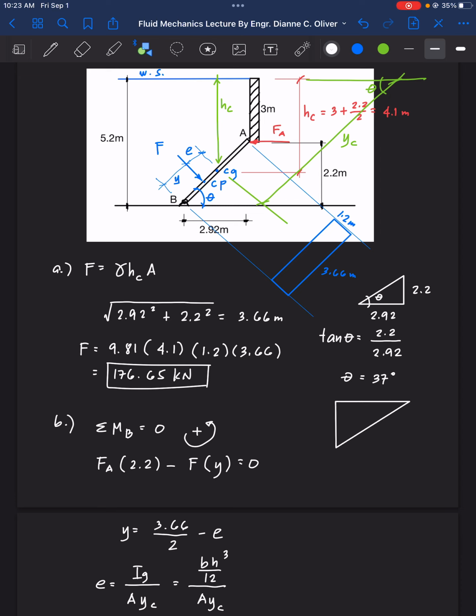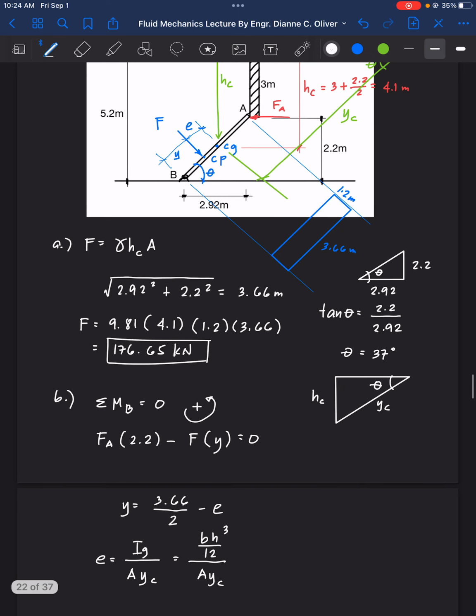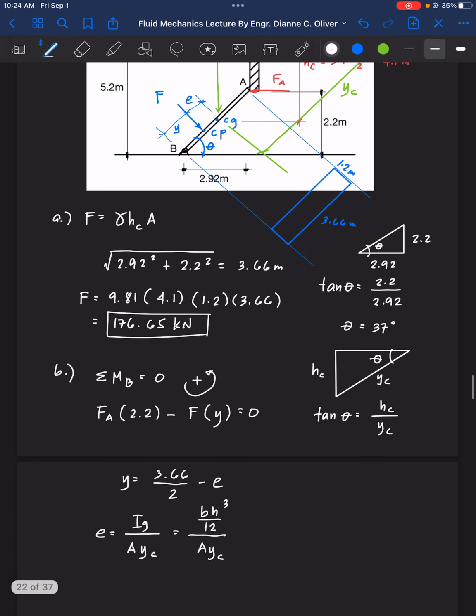Now let's solve for the YC, and we're dealing with this kind of triangle. So this is the HC, this is the YC, and this is the theta. We have tangent of theta equal to HC over YC.